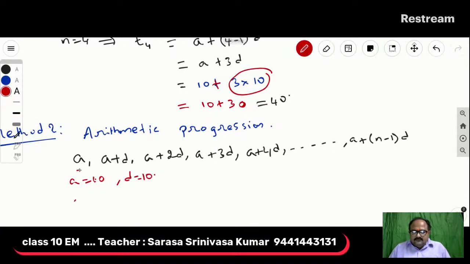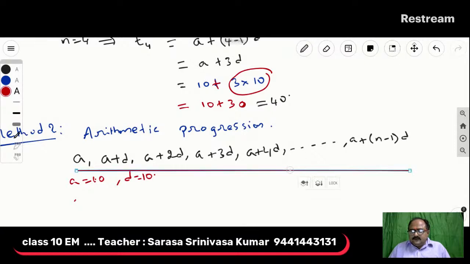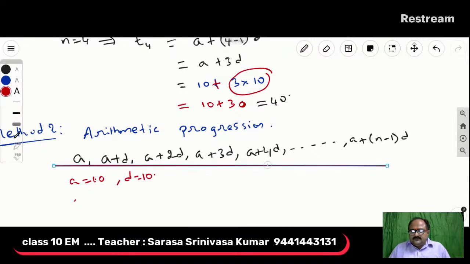But I am just writing this comparing with the formula. Students need not write this in method 2. So here this is 10. What is the next term? 10 plus 10 equal to 20. What is the next term? 20 plus 10 equal to 30. What is the next term? 30 plus 10 equal to 40.